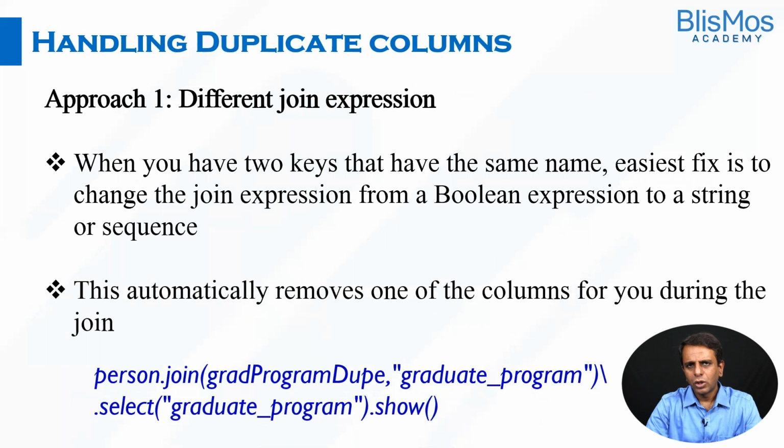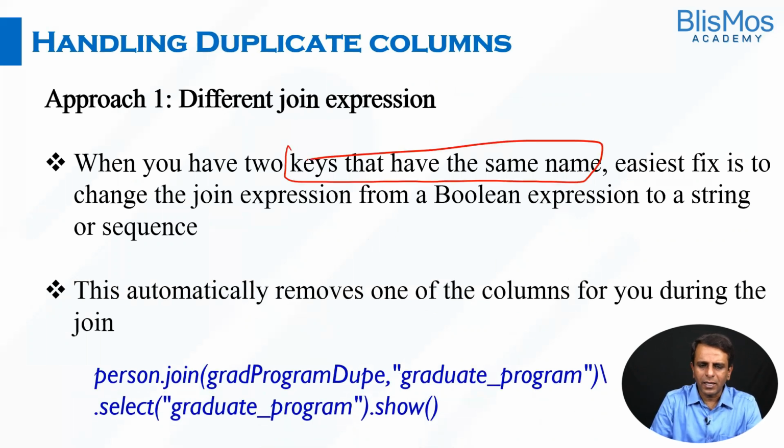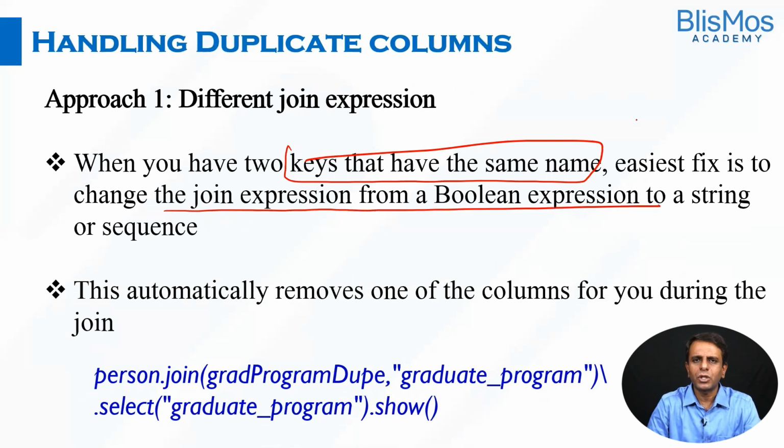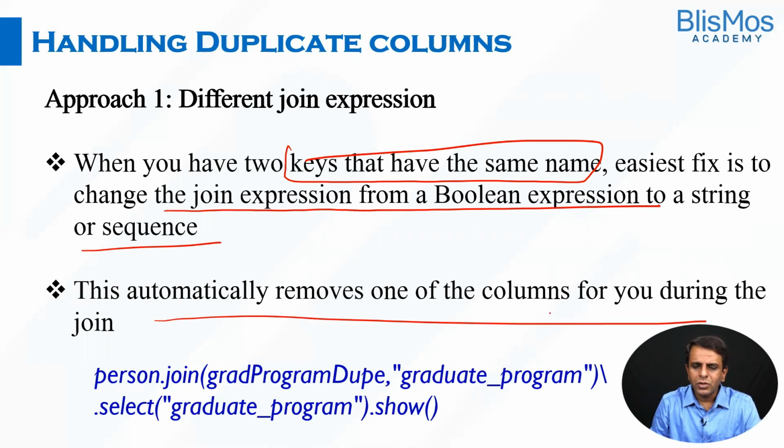Whenever you have two keys that have the same name, one of the easiest ways to fix that in Spark is to change the join expression from a Boolean expression to a string or a sequence. If you change the join expression from a Boolean expression to a string, that will automatically remove one of the columns when you are doing the join.